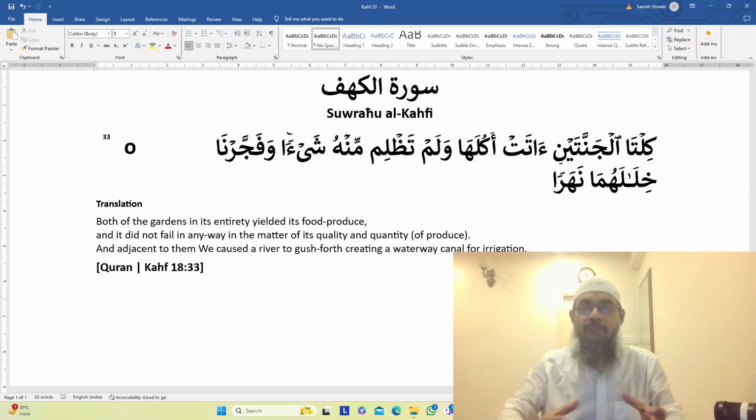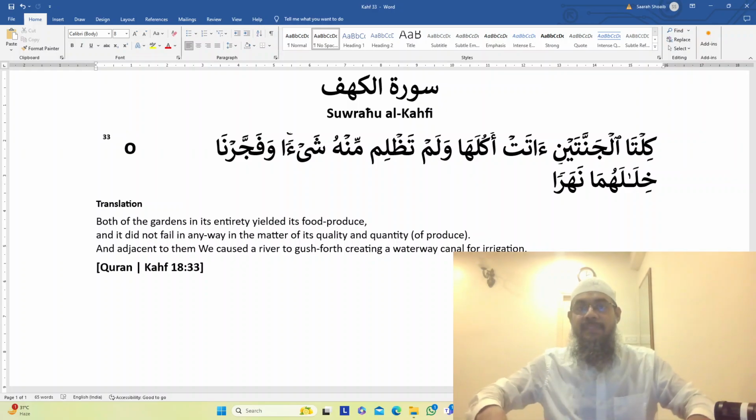Now, we need to understand one more thing. We need to remember the layout of the blessings which the rich man was bestowed with. So there were two gardens. There was a farm in between. Each of the gardens had grape vineyards and then surrounded by date palm trees. And there is the river on this side.